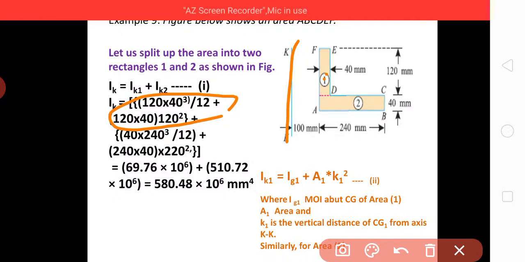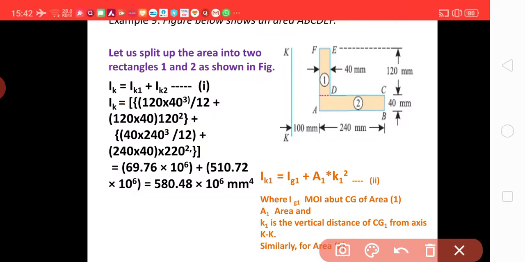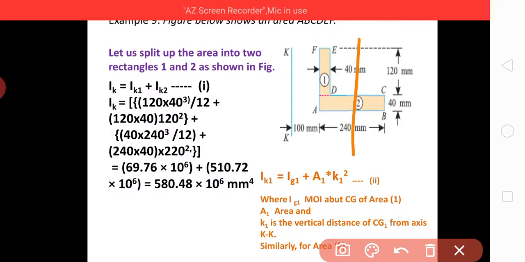plus the moment of inertia of section 2. How much will it be? First, its centroidal axis is this much. So first bd cube by 12. Here the cube is of this dimension, 240.